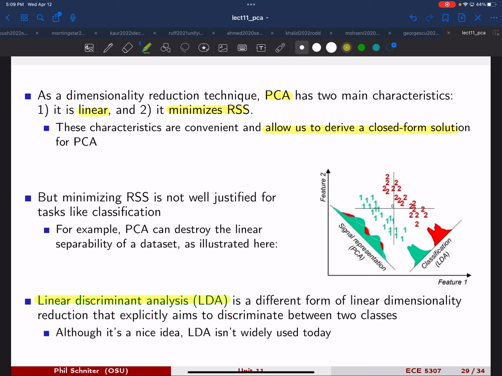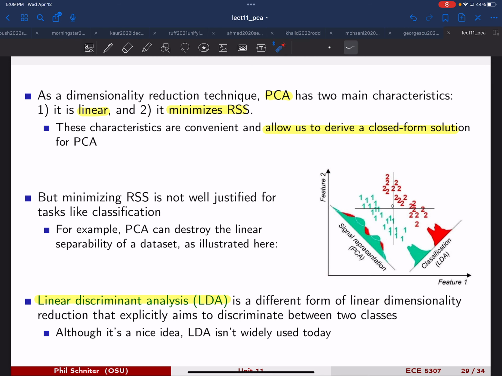I'm not going to say anything more about this, except to point out that it exists. It's kind of a classical method. I don't really see it being talked about today, but it's certainly what they would have taught in classification or machine learning courses like 20 years ago and longer. So there are things you can do that are better than PCA in this case.